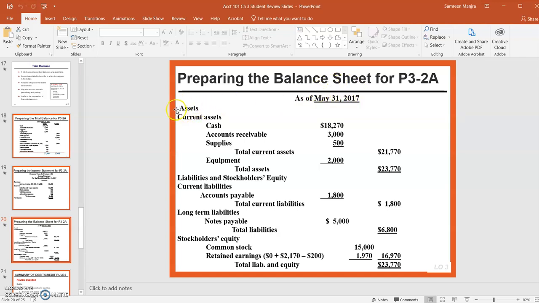We start off our assets with the most current assets of cash, accounts receivable, and supplies. And you'll notice that our equipment is separately listed because this is a long-term asset. And we need to add our total current assets with our long-term assets to arrive at the total assets.